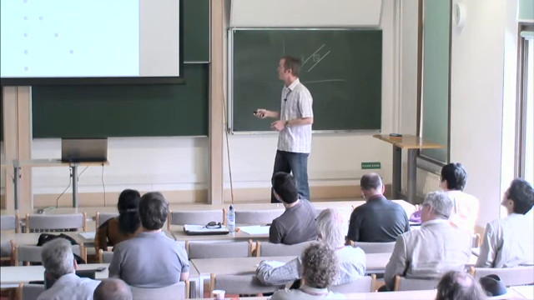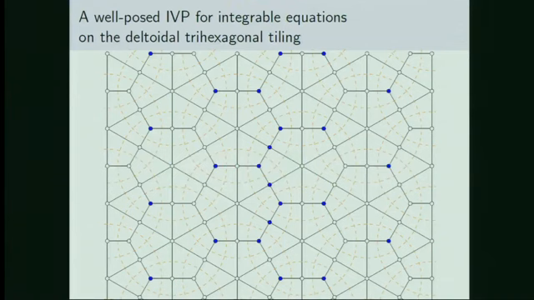So here is the deltoidal trihexagonal tiling, for which no initial value problem was known. And here is an initial value problem. The thing is that this initial value problem only works for integrable systems.